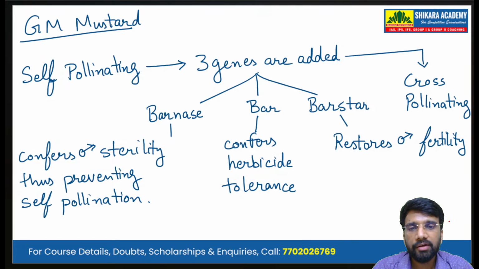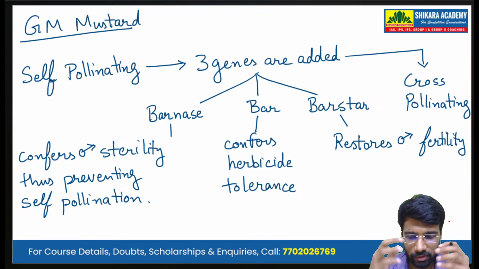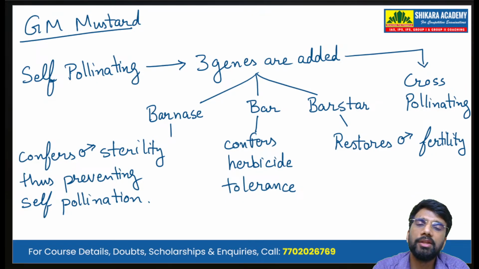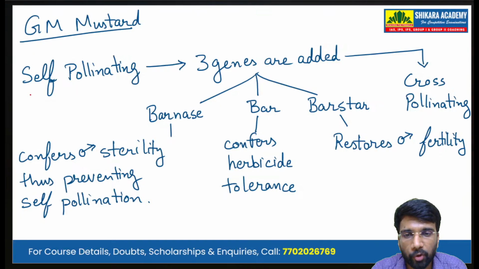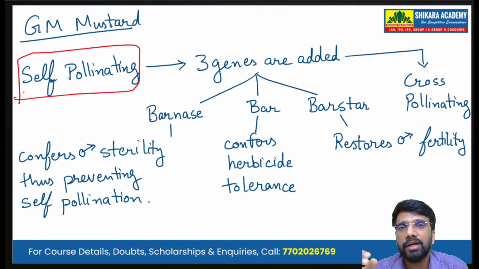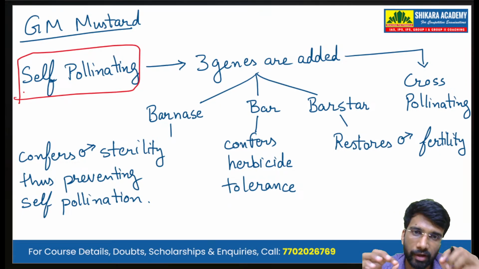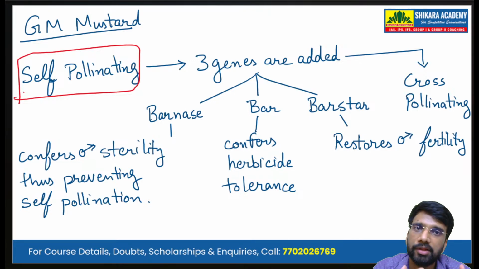And now the second is the genetically modified mustard. We know from earlier classes that the mustard plant, which we call sarso in the northern belt, is self-pollinating. That is, it has both the male as well as the female reproductive part in the same flower.